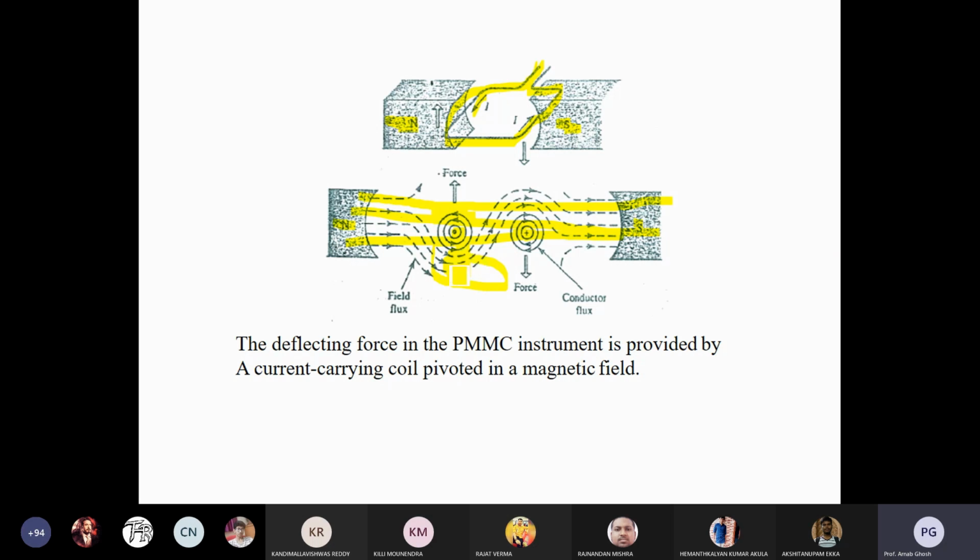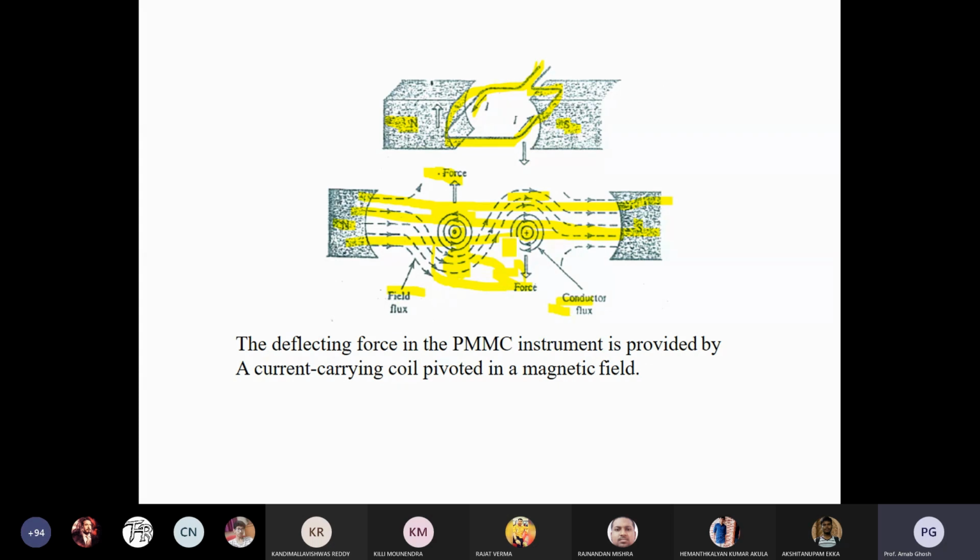So force one, and another one in the reverse direction, force two. So it is flux line, and it is conductor flux. So it comes directly from conductor flux to flux line to conductor flux. The deflecting force in the PMMC instrument is provided by the current carrying coil pivoted in the magnetic field.